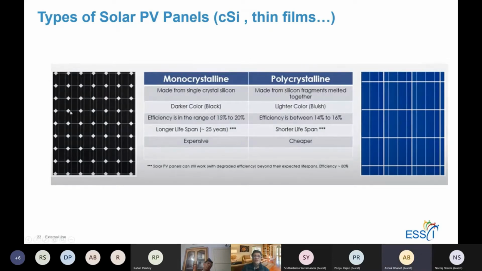So when you look from a distance, they will appear round. Okay. If you take a look at a typical panel, it seems dark, and you see these round corners there. It is a monocrystalline panel. And if you see a straight line design, it is likely to be a polycrystalline.